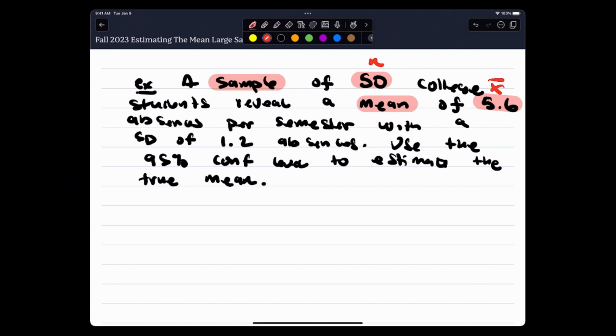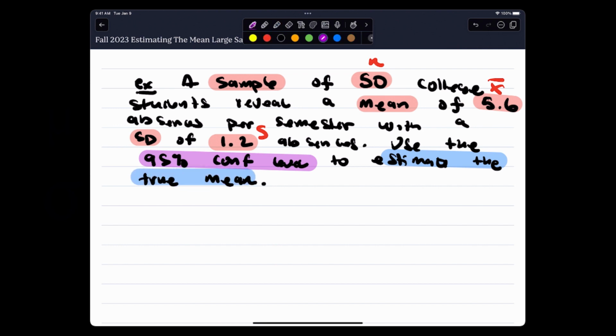I should say per semester, per class, but okay. With a standard deviation of 1.2. Yep. Use the 95% confidence level to estimate the true mean.